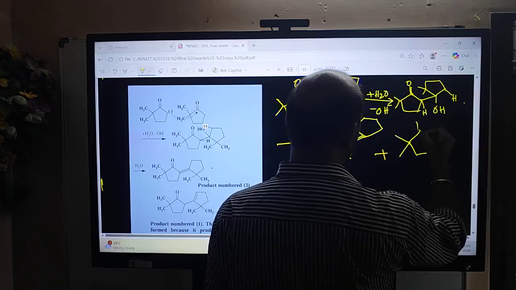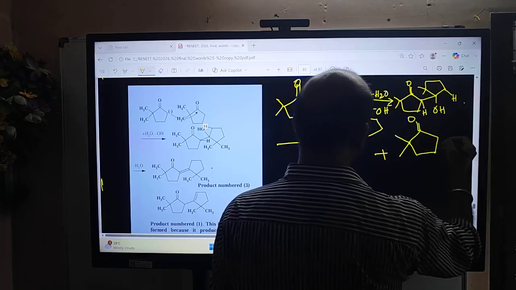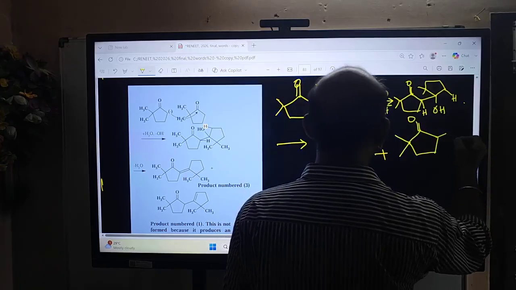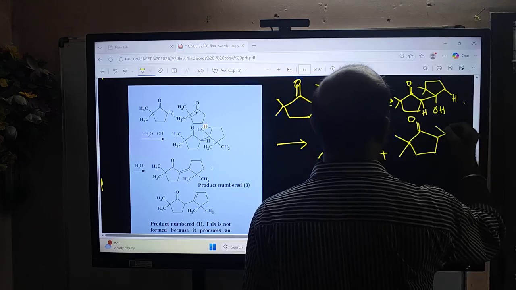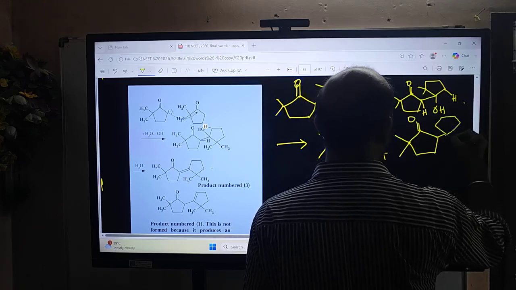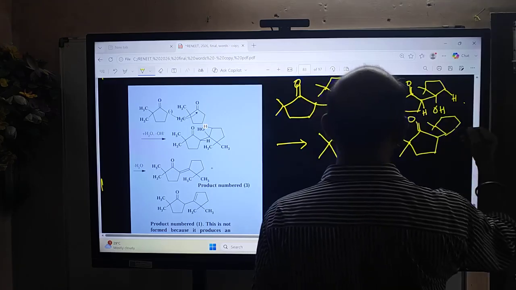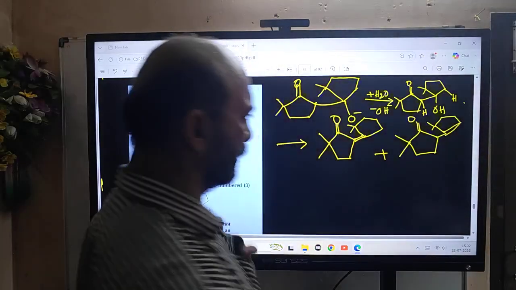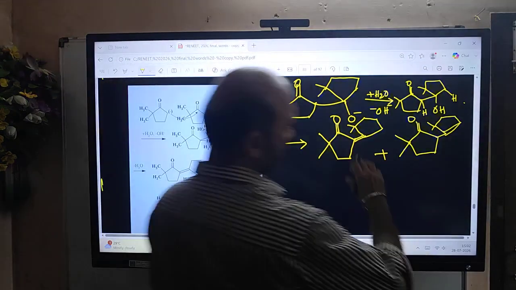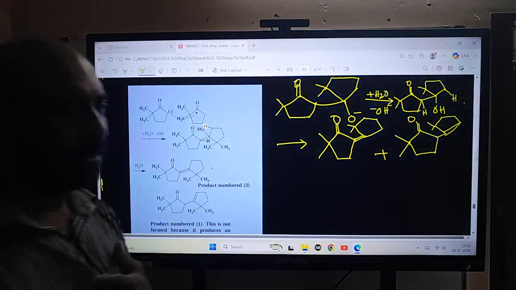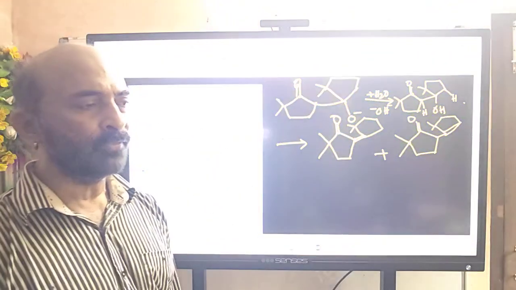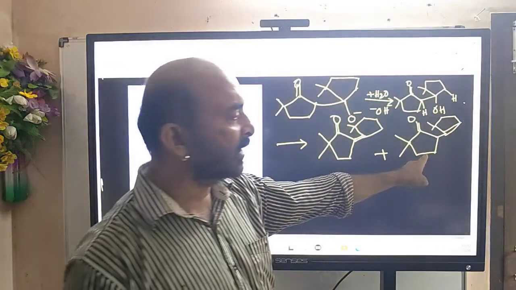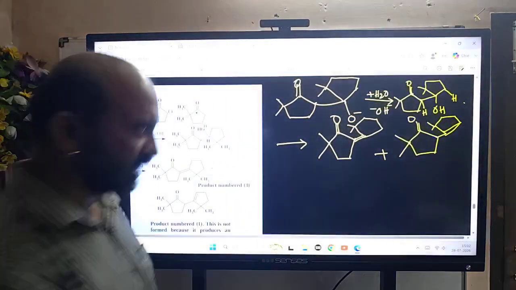In reality, it is not formed. What I presently draw actually will not be formed. Reason? It does not contribute to the stability. I have told you in this question, 3 are formed whereas 1 is not formed. The one which is not formed is this structure given as one of the options. That is our answer actually.